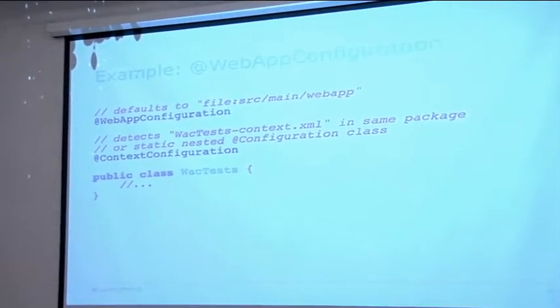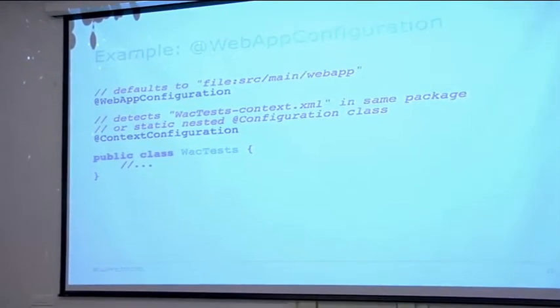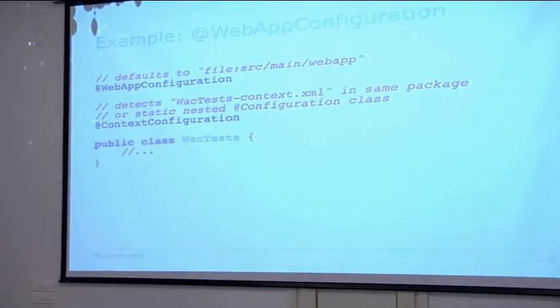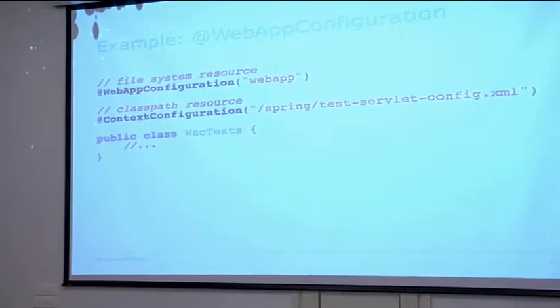So we have a contrast here. With web app configuration, we decided it made more sense to look in the file system by default, because that's how you're going to be building or maintaining your module within Maven structures, for example. And with context configuration, it makes more sense to have class path resources.